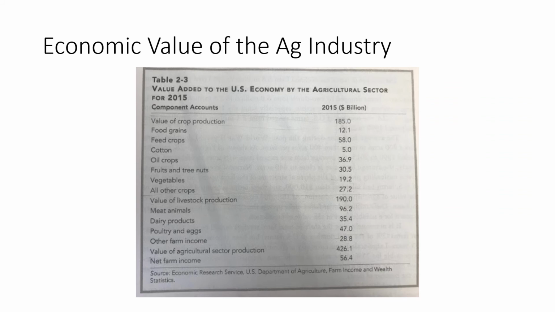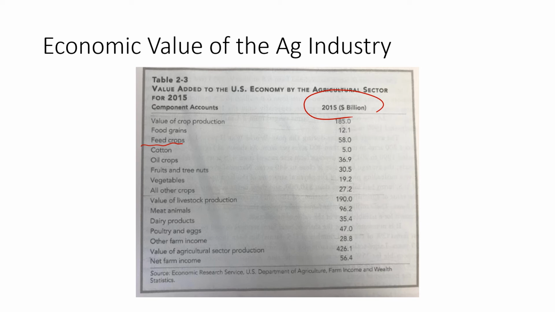All right, these next few slides, I just want you to read over yourself. You can read the textbook a little bit, but there's just a lot of statistics presented in some of the chapter here. This is just showing how many billions of dollars, and this data is a little bit old, 2015, each of these products added to the US economy.